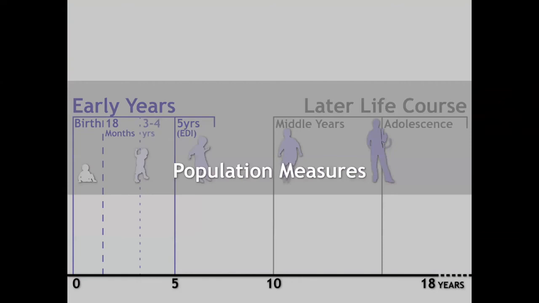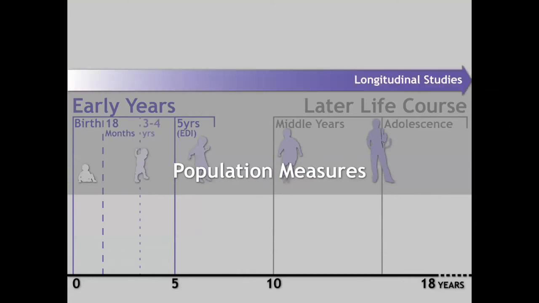Magdalena already talked about the advantages of collecting at a population level as opposed to working with samples so that we can map and examine variability at small jurisdictional or local areas. And then one of the technical challenges and privacy challenges is to link all these data sets, let alone collecting them. How do we link them at an individual level so that we can follow children over time?